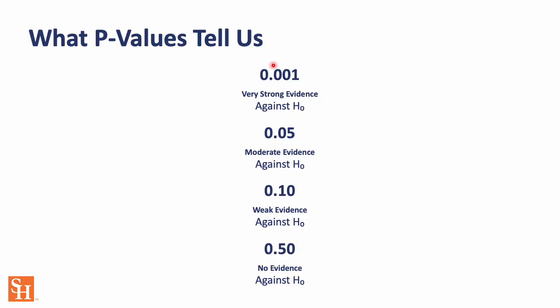Usually we compare the p-value with 0.05 and 0.01, and sometimes with 0.10. This one is 0.1%, this is 5%, this is 10%. So these are some p-values and what they indicate against the null hypothesis, right?